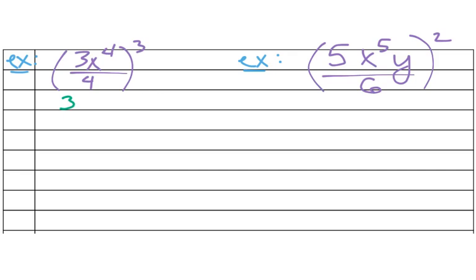The 3 out front gets the exponent of 3 attached to it. X to the 4th is now x to the 4th 3 times, so I'll write x to the power of 12. And then in my denominator, I have 4 raised to the power of 3. Well, 3 cubed is 3 times 3 is 9 times 3 is 27. X to the power of 12, there's no combining there.